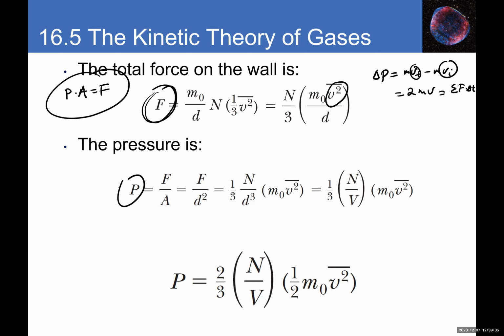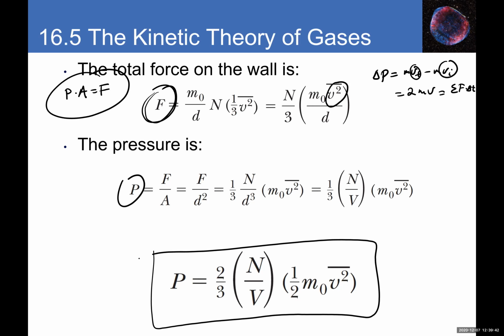The pressure equals 2/3 n over v times 1/2 mass times average velocity squared.